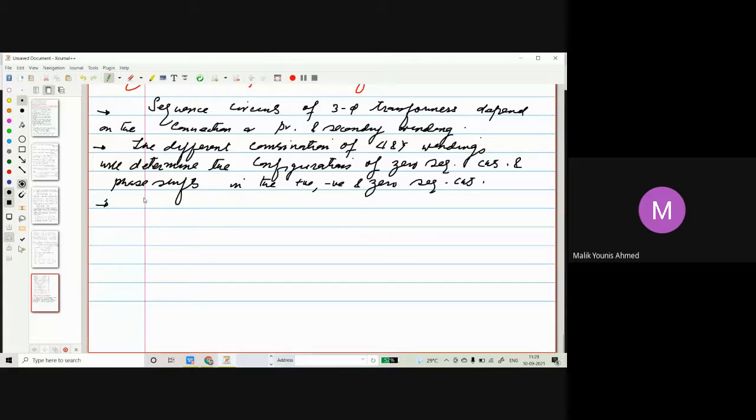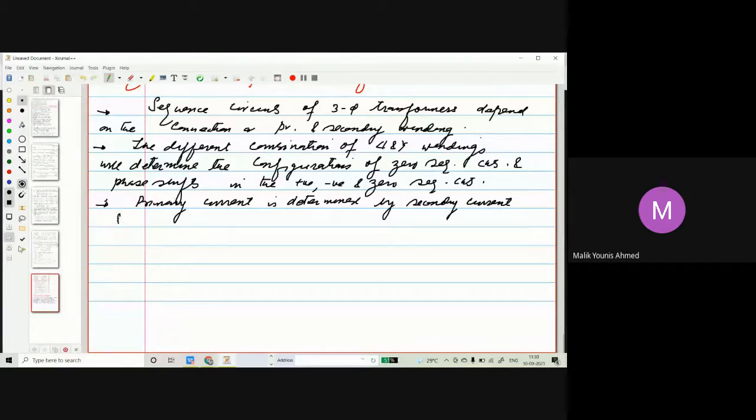Next, we also know primary current is determined by what? Primary current is determined by the secondary current, and that will depend on the turn ratio. That means we should know the secondary current, then we can find the value of the primary current.